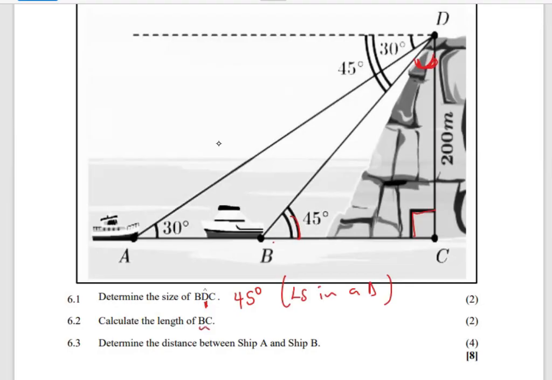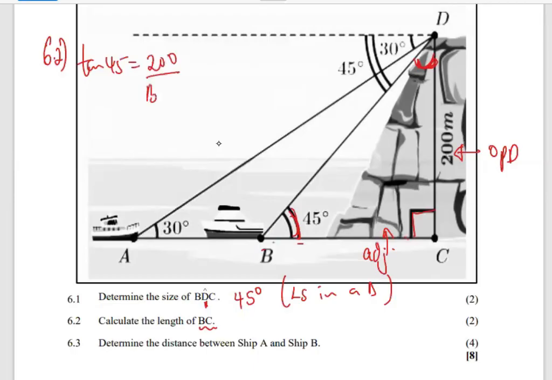Then 6.2, they want us to get the length BC. Okay, so we were given the opposite. We're looking for the adjacent, but we have a 45. So we can use the tan and say that the tan of 45 is equal to the opposite, which is 200, over the adjacent, which is BC. To get the BC, flip it around.